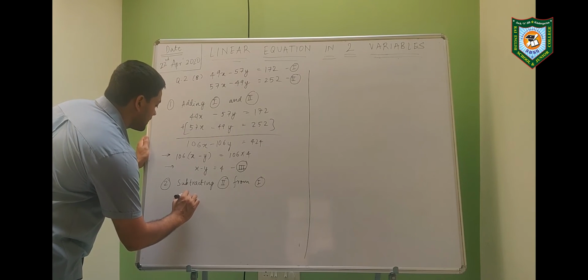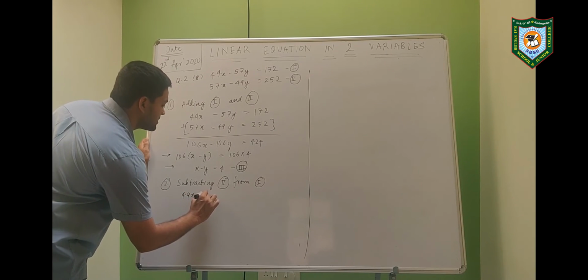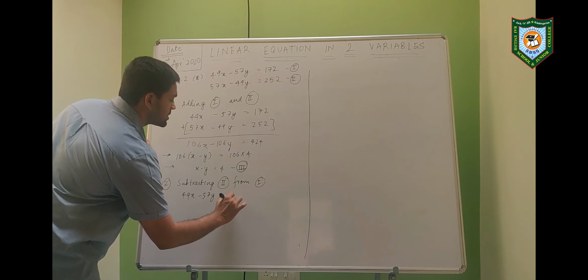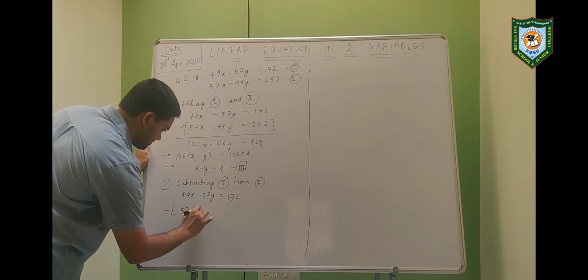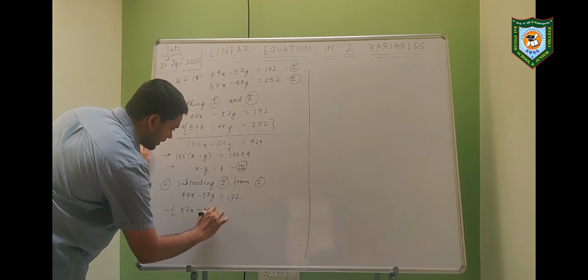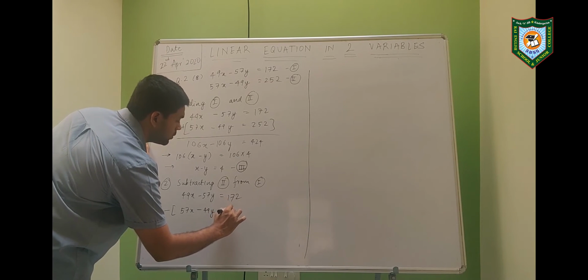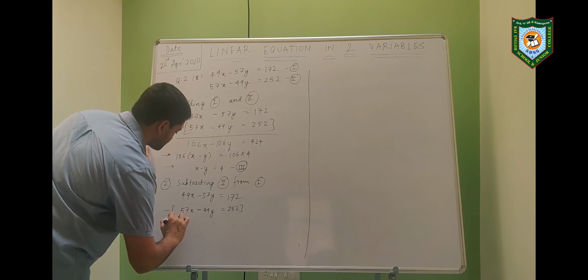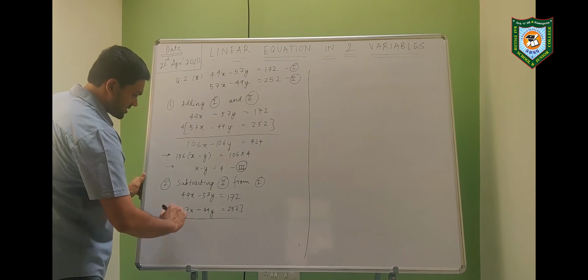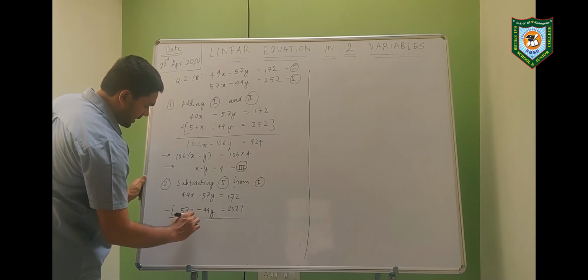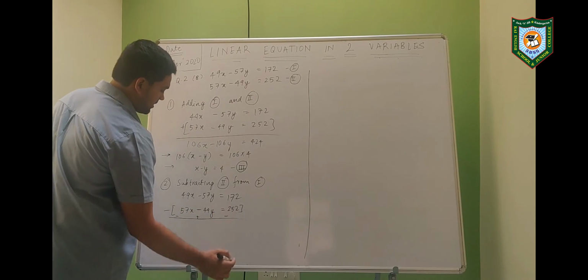So I have here 49x minus 57y is equal to 172 minus 57x minus 49y is equal to 252. So minus sign changes every sign inside the bracket. This becomes minus, this becomes plus, this becomes minus.